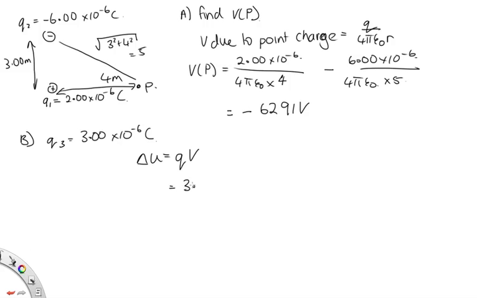So this is equal to 3.00 times 10 to the minus 6 times minus 6,291 volts. So solving that on the calculator, we end up with minus 0.0189 joules. So we're actually losing potential energy by putting an additional positive charge here, as here is the negative charge.